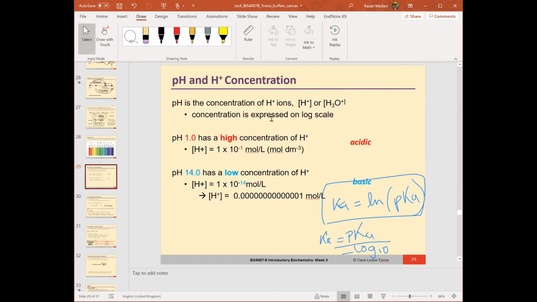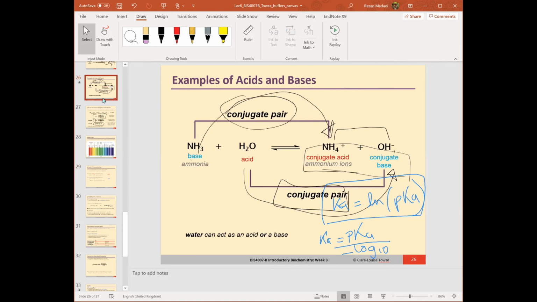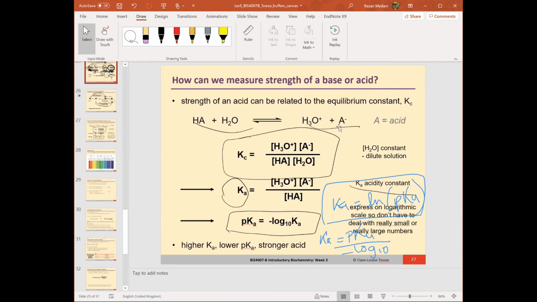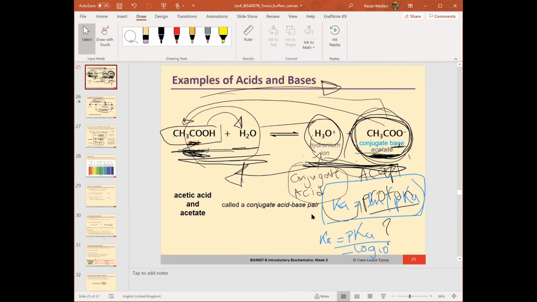Okay, so pH is the concentration of H plus ion, for example, as they are written here. Even though this is in a molecule, remember from our equation, here it's acting as an acid, right? Conjugate acid. But someone donated an extra hydrogen to it, that's why it's a plus.